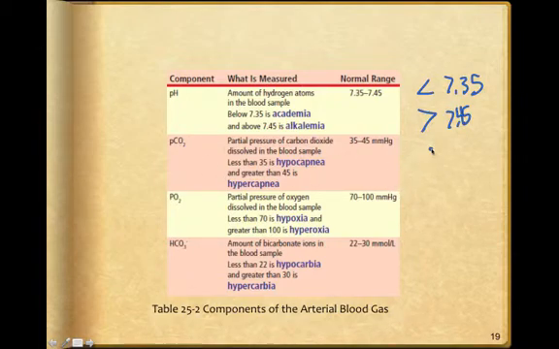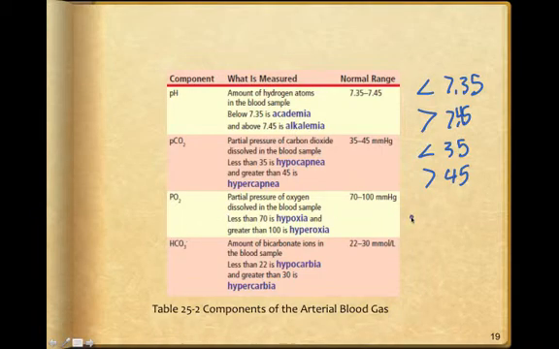PCO2 less than 35 would mean that they are hypocapnic. Greater than 45, my apologies, would make them hypercapnic, which means they have a high amount of CO2. And it's just like anything: you have a high amount of building blocks, very simply, you can build more acids. In this case, we would be concerned with carbonic acid.